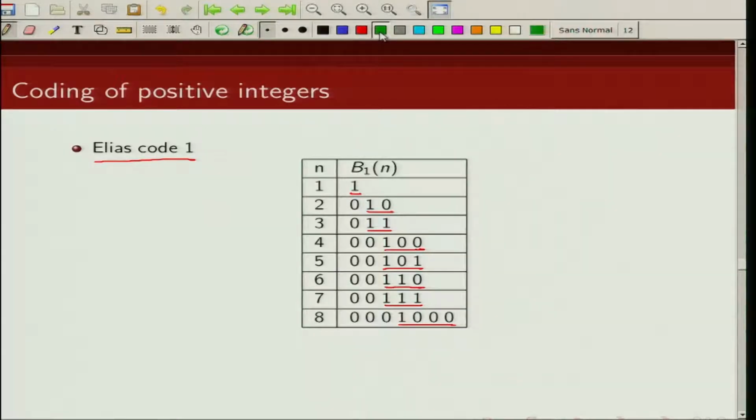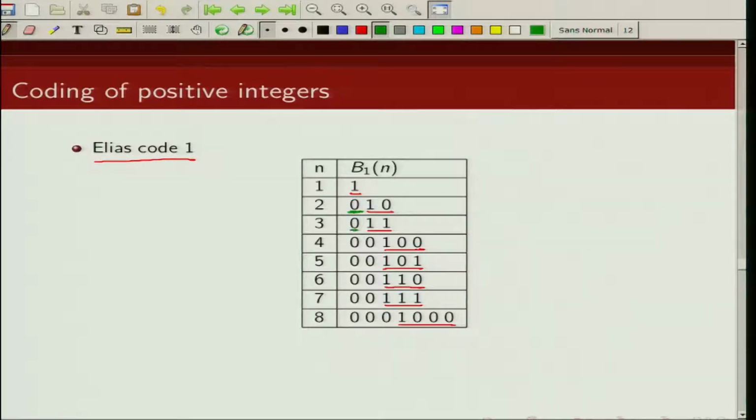Now what did he have before this? He had a run of zeros to denote how many bits follow. The binary representation of 2 is 1, 0, so there are 2 bits following. In case of 1, there is just 1 bit, so that's nothing.